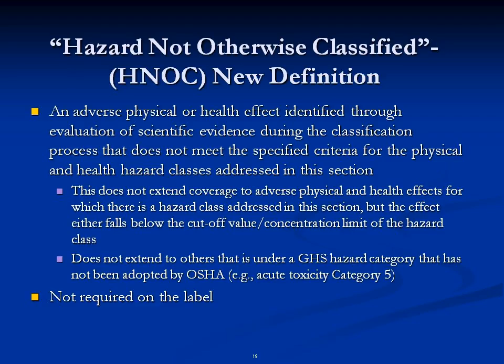But if it is a significant hazard that might result in an adverse health effect or physical effect, then we would have to make sure that users are informed of that. They do that by referring to it as a hazard not otherwise classified. Information about that would not be required on the label, but will be required in Section 2 of the safety data sheet.